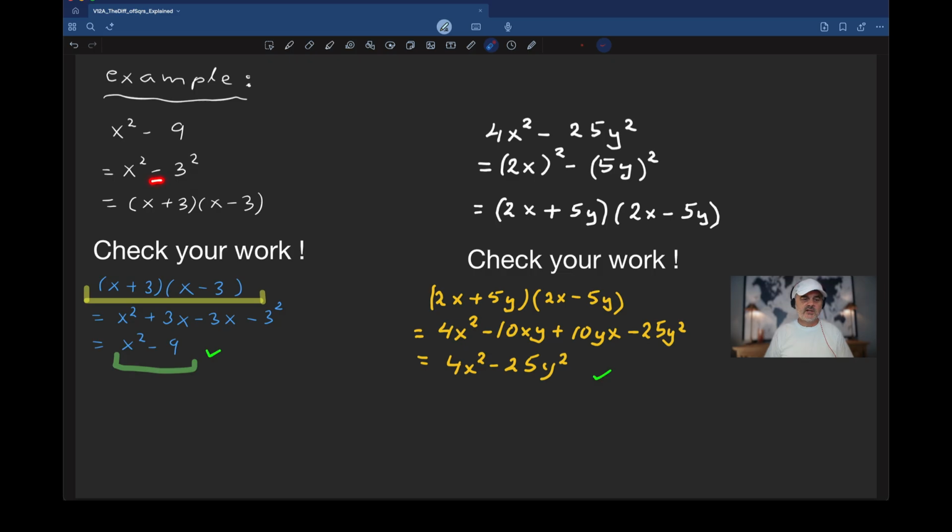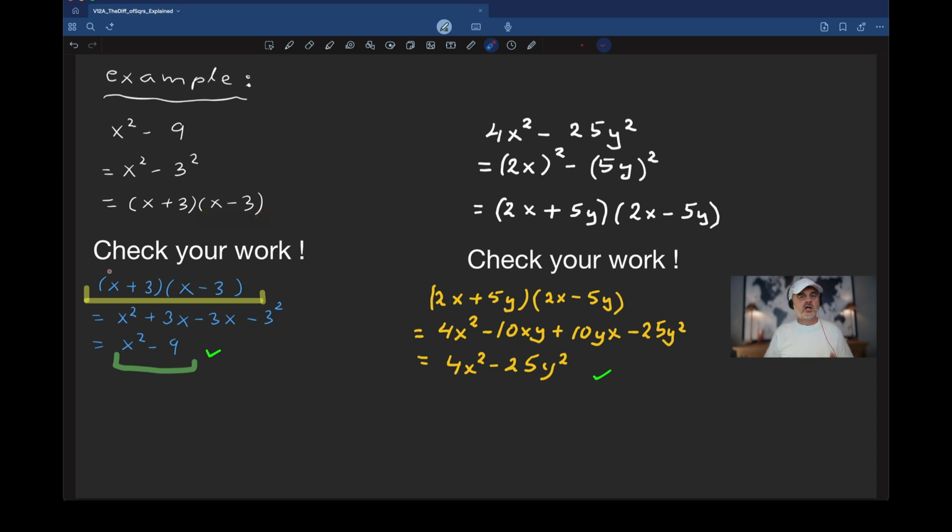So you have a difference of squares, terms raised to exponent 2. Quick application of the formula: this is the product of the sum and the difference of those two terms.